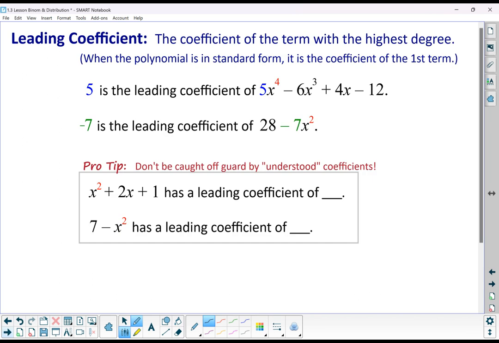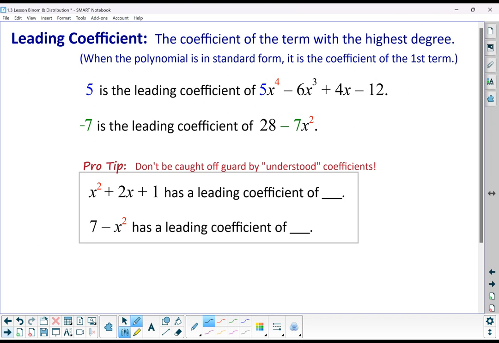Okay, so another vocabulary word for today is leading coefficient. The coefficient of the term with the highest degree is called the leading coefficient. When the polynomial is in standard form, it is the coefficient of the first term, which is why it's called the leading coefficient.